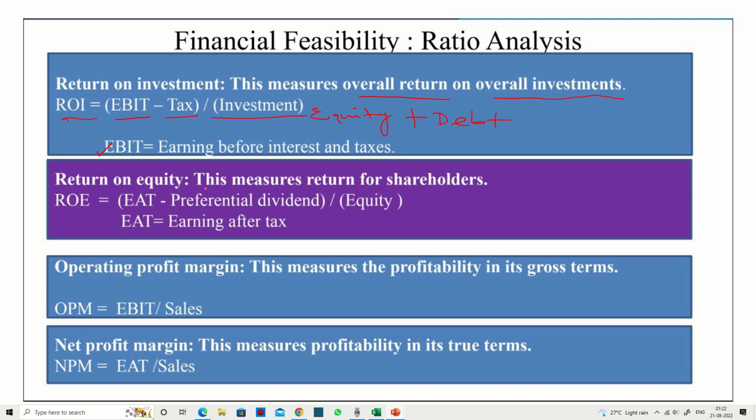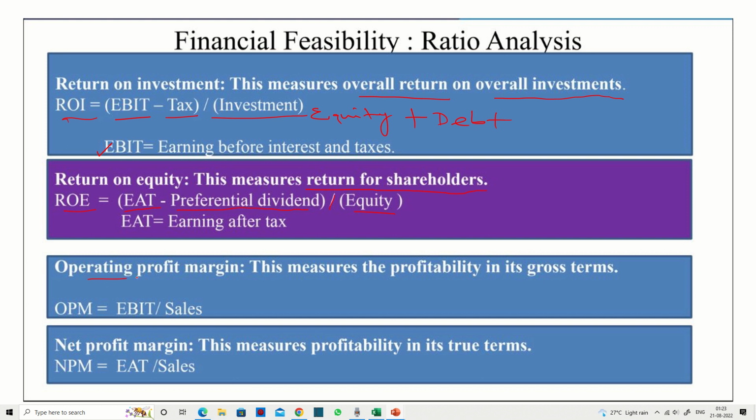Return on equity, or return for shareholders or stakeholders, equals earning after tax minus preferential dividend divided by equity. Here, there is no term for debt, and thus this is the return for shareholders.